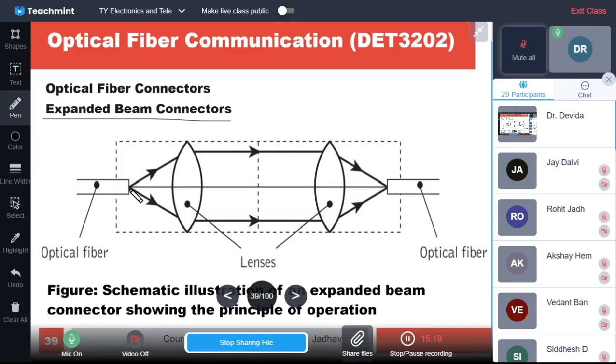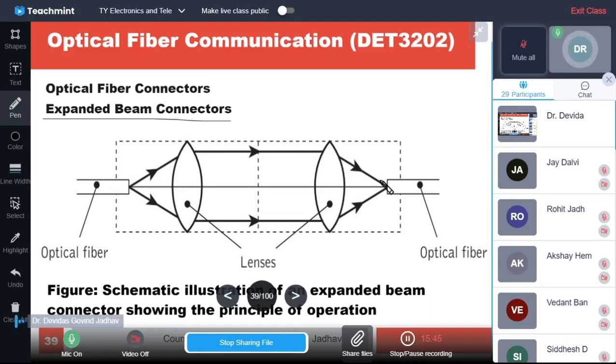So the source which is radiating a divergent beam can be collected by this lens, because the lens dimension is large enough to collect all the light. So the fiber is in micrometers, whereas the lens is in hundreds of micrometers or a few millimeters in dimension.